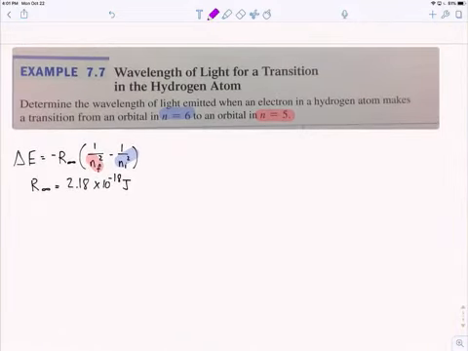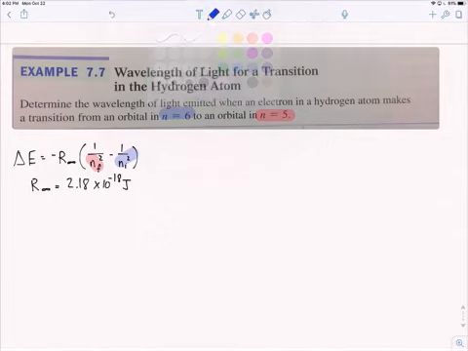Determine the wavelength of light emitted when an electron in hydrogen goes from n equals 6 to n equals 5. So that means the 6 is the initial and the 5 is the final. I've highlighted those in different colors there.